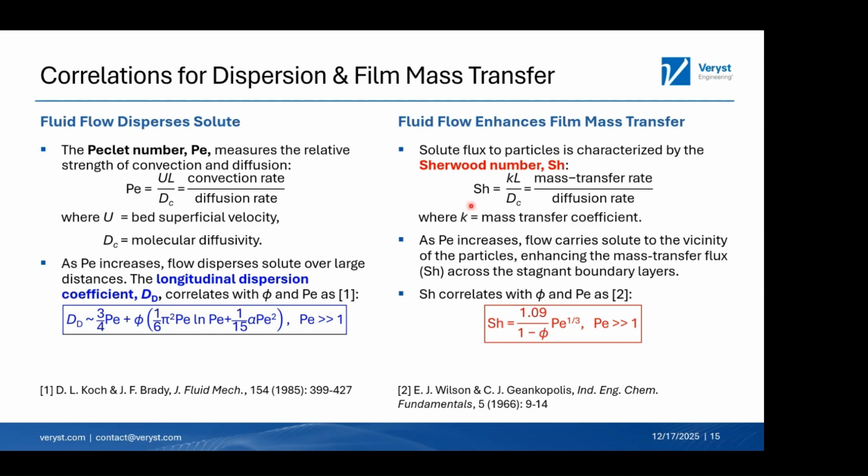Again, this depends on the Peclet number. The correlation here from Wilson and Geankoplis is a classical correlation that's often used in chromatography modeling. The important scaling here is that the Sherwood number scales with the Peclet number to the 1/3. That 1/3 scaling comes from an asymptotic analysis of the boundary layer and how it interacts with the flow.